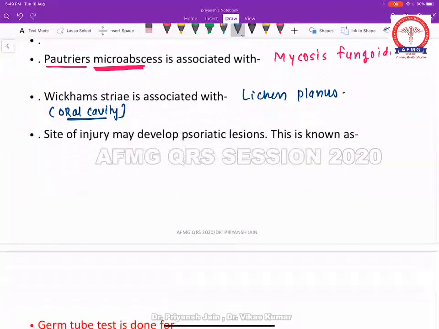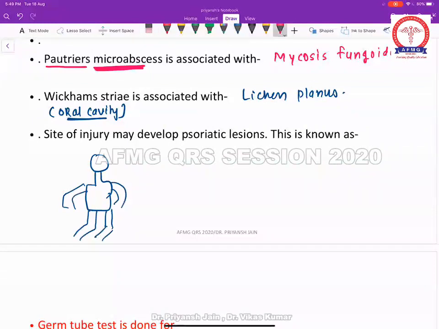In psoriasis, sometimes what happens is, let's say there is a patient who has a psoriatic lesion on the elbow, and a trauma occurs at the other hand, which was completely free of psoriasis.